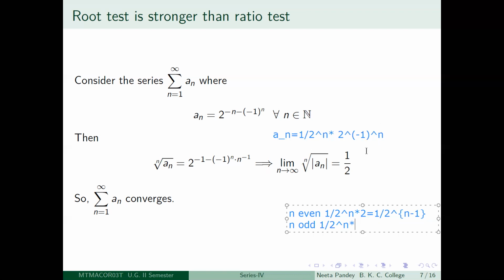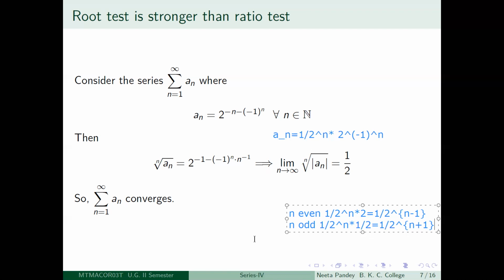So 2 to the power minus 1 is again a half. So this becomes equal to 1 by 2 to the power n plus 1. Am I correct? So when n is even, it looks like half to the power n minus 1, and when n is odd, it looks like half to the power n plus 1.